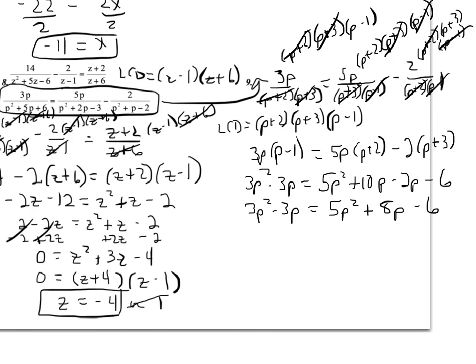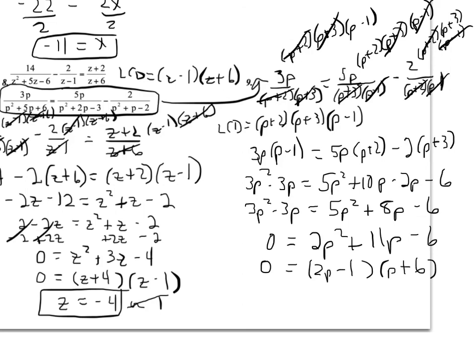Let's move everything to the right side. When we do that, we're going to get 2p squared plus 11p minus 6. And again, I'm going to just tell you what this is when it is factored. You should end up with 2p minus 1 times p plus 6.